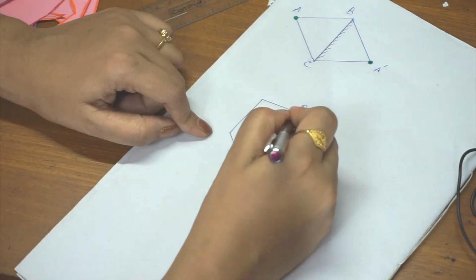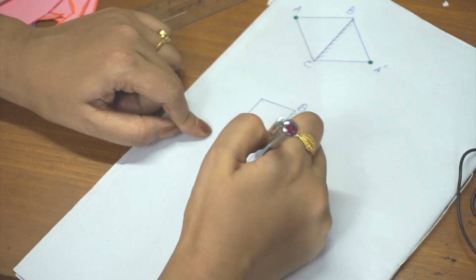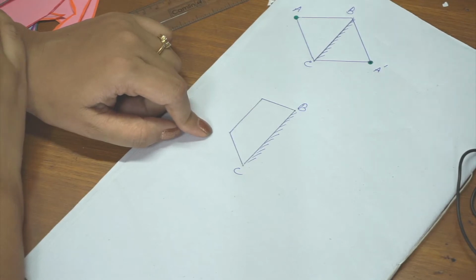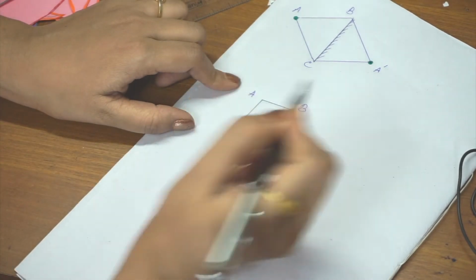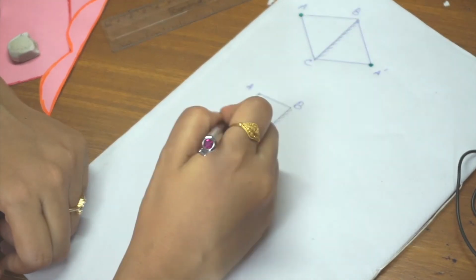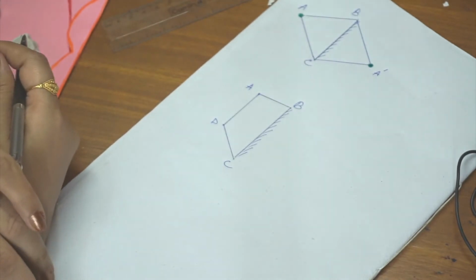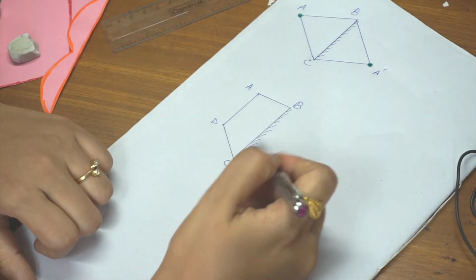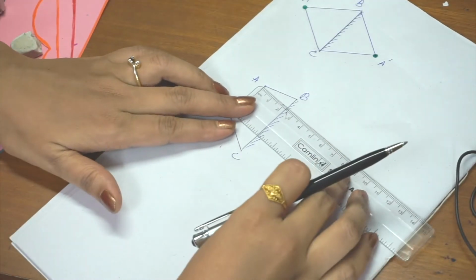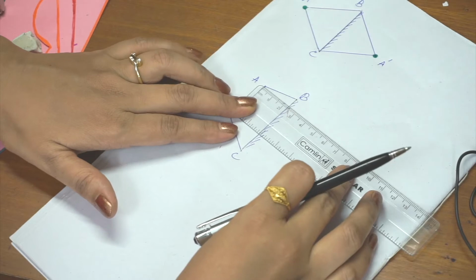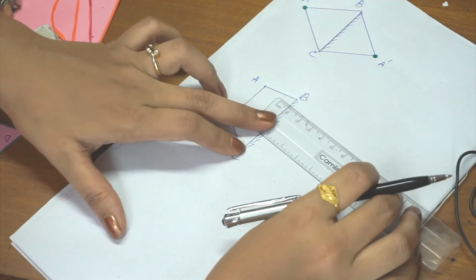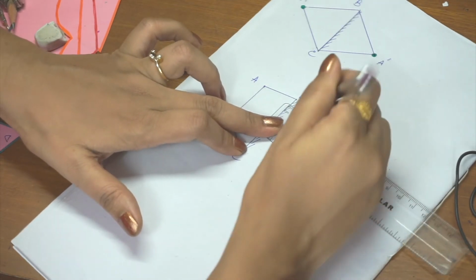Now, here you can see I have drawn a quadrilateral and I need to complete this figure to make a symmetric figure. So, suppose A and D are the two points to be reflected along the mirror line BC. In the same way, I will be measuring the distance of A from the mirror line BC. It is 2.3, on this side also it has to be 2.3.